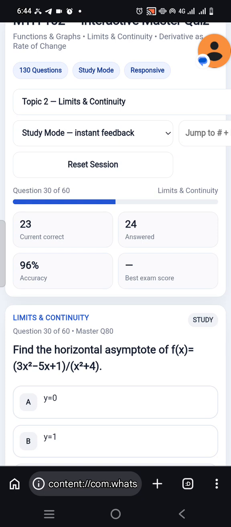So in this case, if we want to find our horizontal asymptote, we look for the value that y will be approaching when x tends to infinity. If you want to rephrase the statement, we say that when y is equal to that value, your x will be approaching infinity.